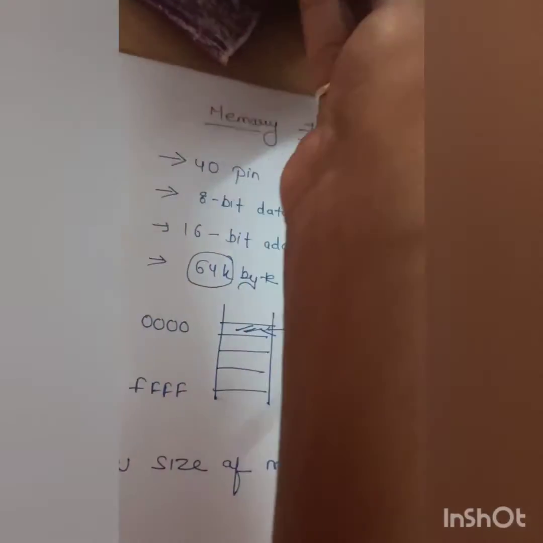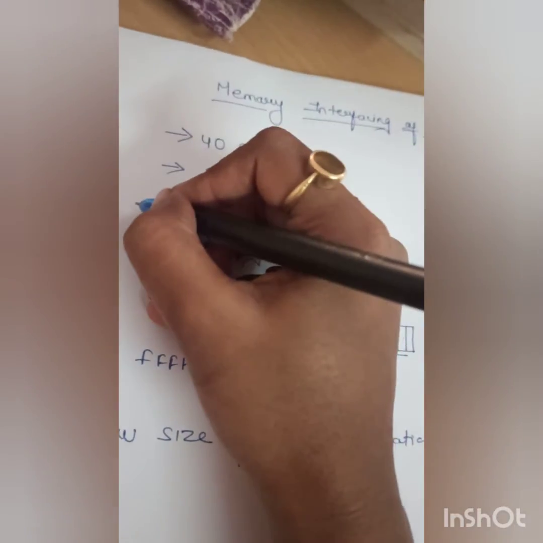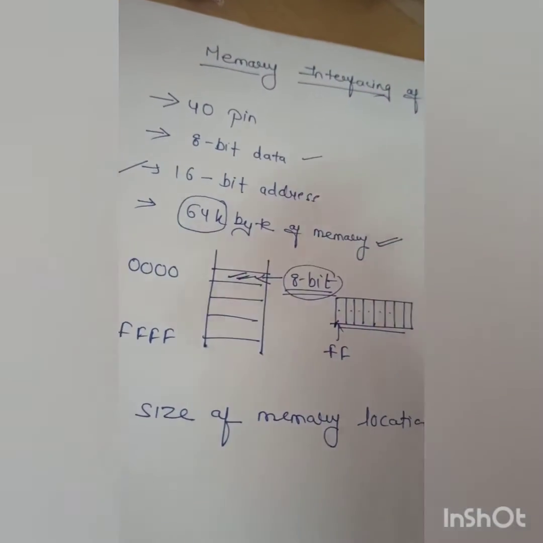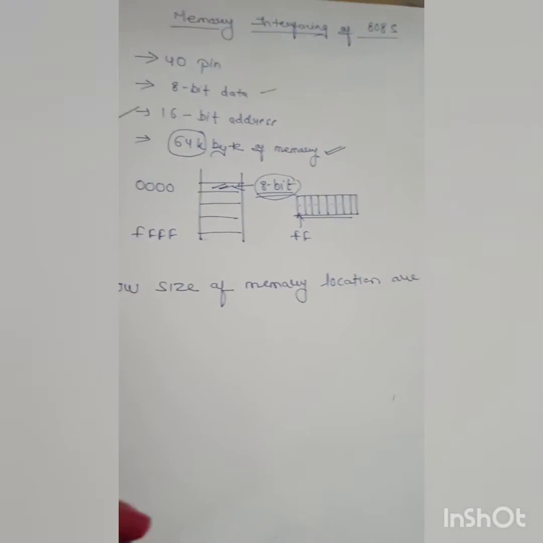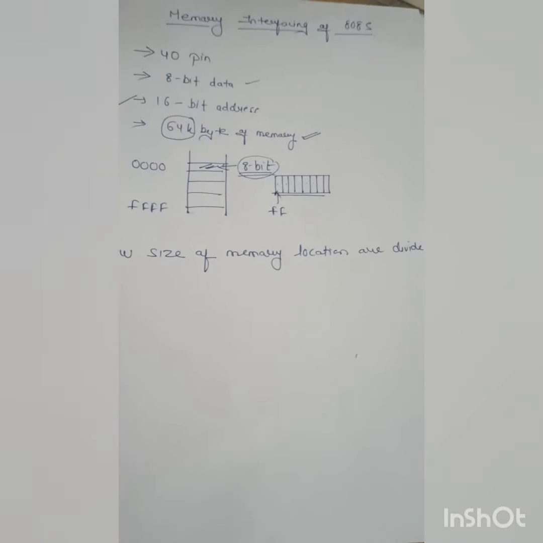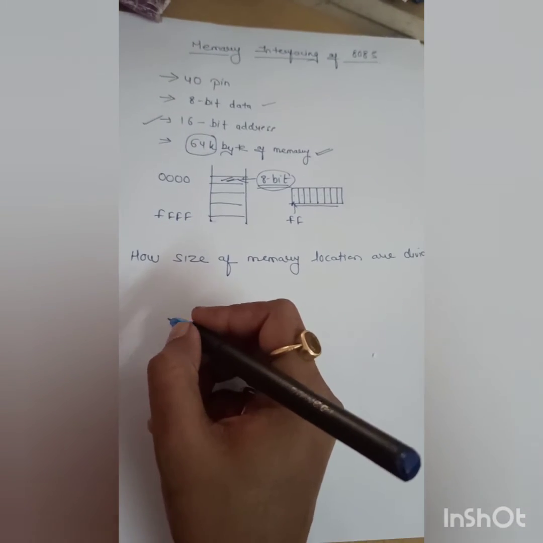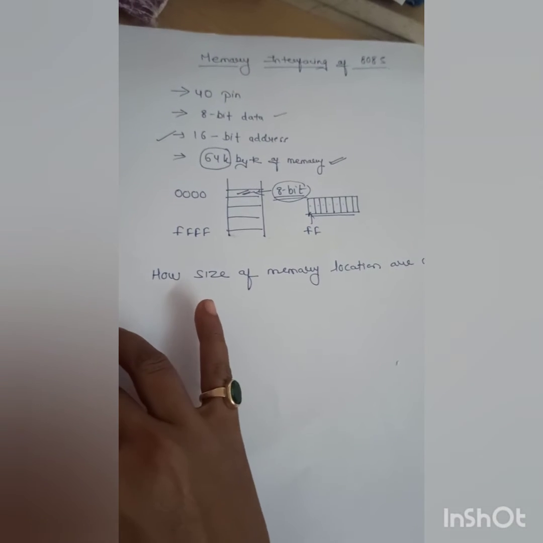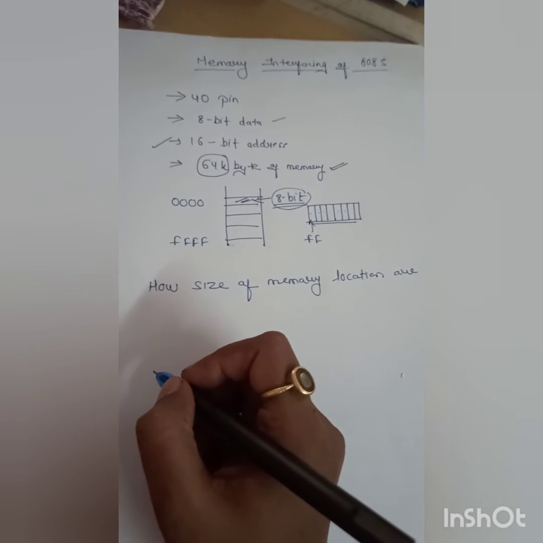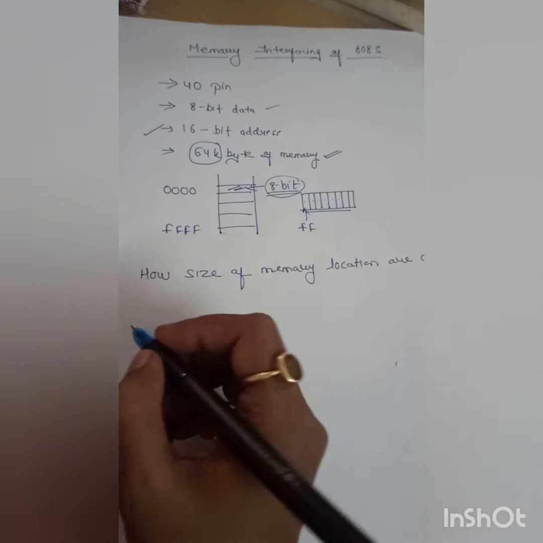As we know, it consists of 16 bits of address. So how is this address used to address the memory locations?